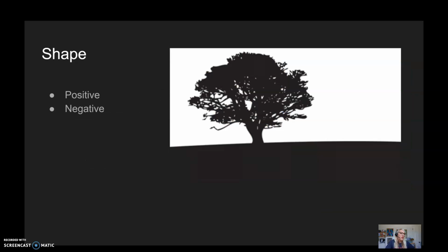Another thing that we need to talk about when we are discussing shape is positive space and negative space. So for example, in this image, the tree would be the positive space. It's where the shape is taking up space in your artwork, and negative would be everything surrounding it.